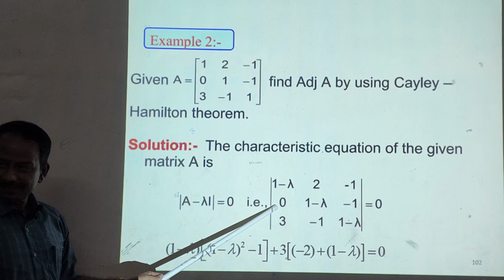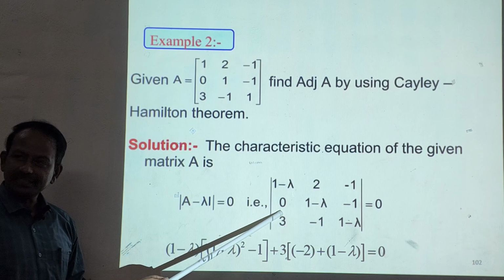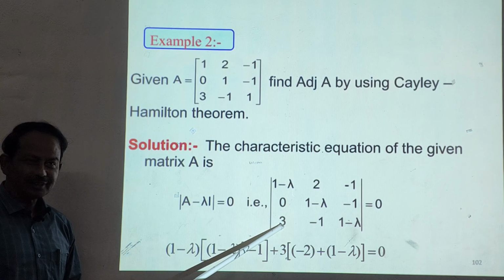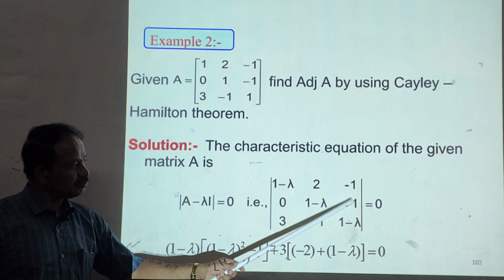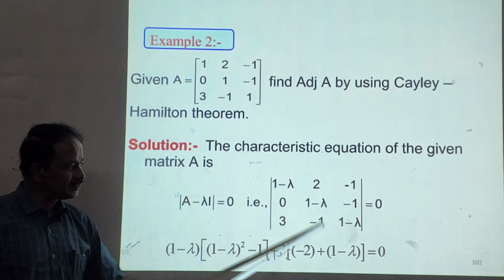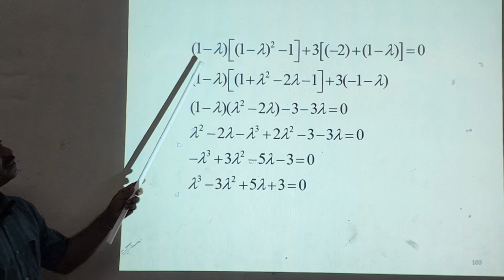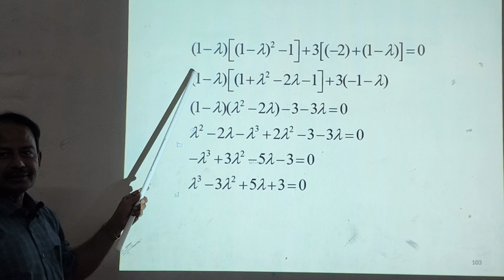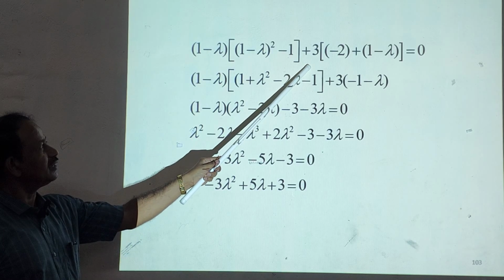Instead of going for this side, you can go for this side. So, the second term will be 0 and the third term will be 3 times this multiplied by this multiplied by this multiplied by this. Minus already 1 minus is there, so this becomes plus. Now, simplify. On simplification you have this expression.